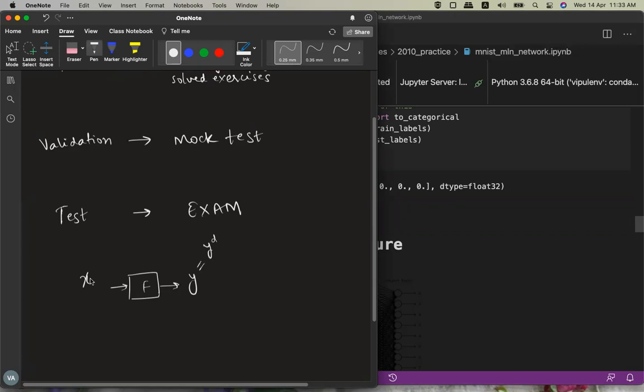So this x is prepared by the normalized 784 cross 1 vector. My y is simply a 10 cross 1 vector, or y desired.